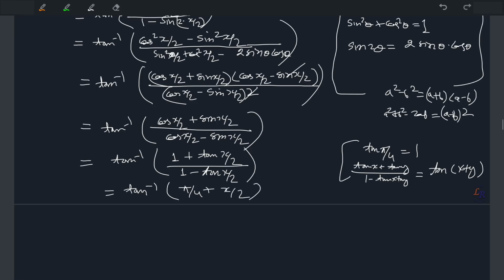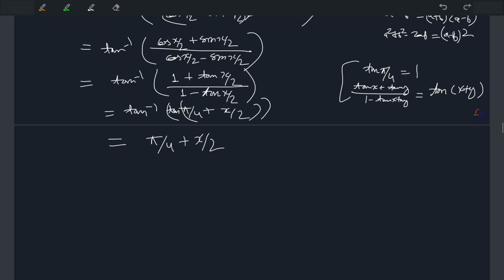Okay, so now you see how nicely you have tan inverse of tan. So tan inverse tan will be cancelled out, and we are left with pi by 4 plus x by 2. See how beautifully you solved it, where you got tan inverse of cos x upon 1 minus sin x equal to pi by 4 plus x by 2.